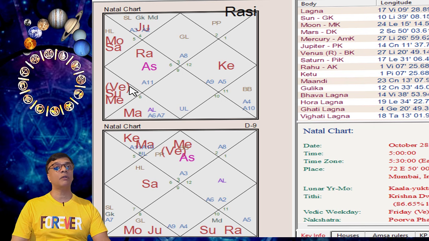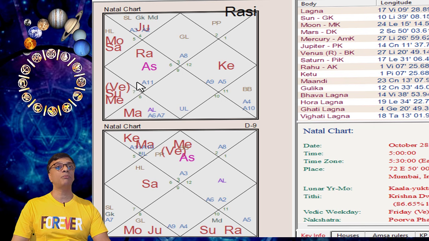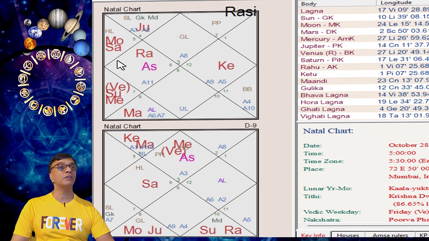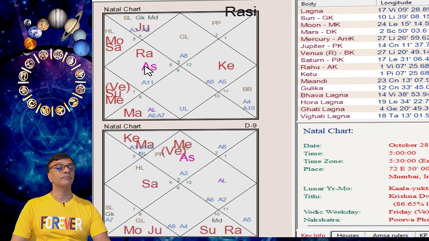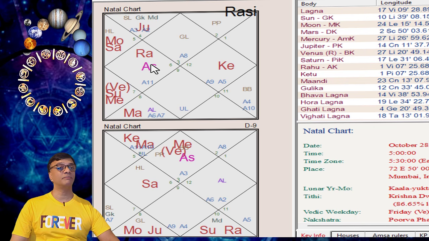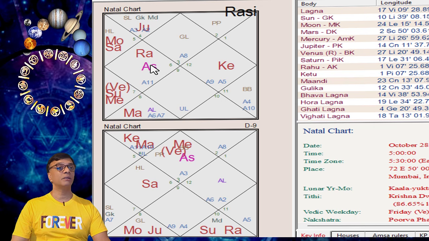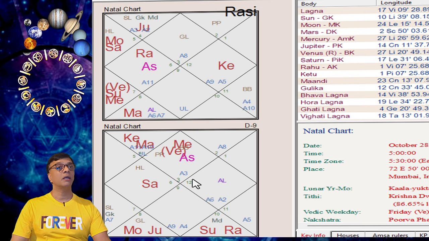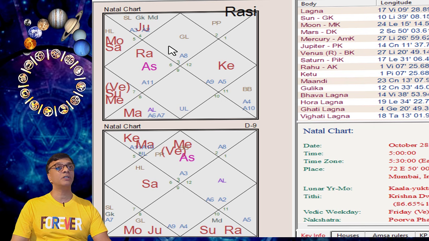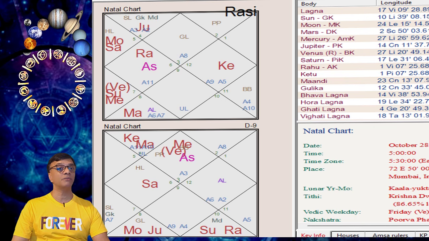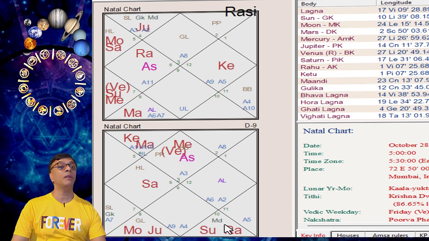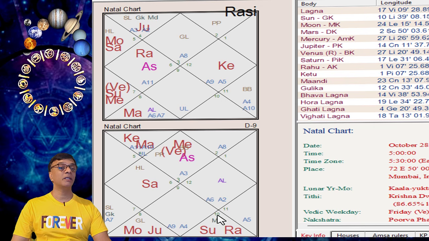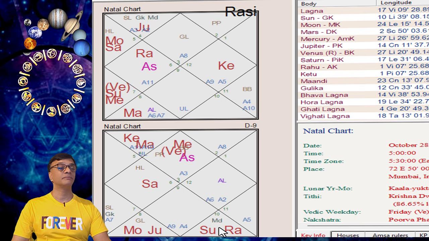Now, why is Sun important here? His debilitation is important because Sun is in the nakshatra Swati, ruled by Rahu, and Rahu is in the 4th house of her domestic life. So that is important. In her Navamsa, where you have converted the D1 chart into the Navamsa Lagna, you can see Sun and Rahu placed together in the 8th house, in a sign ruled by Saturn.